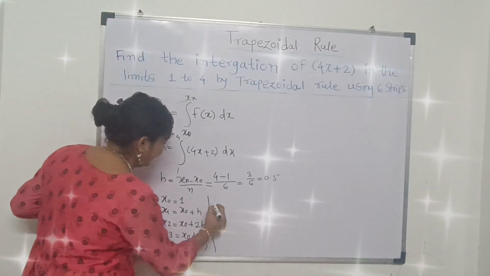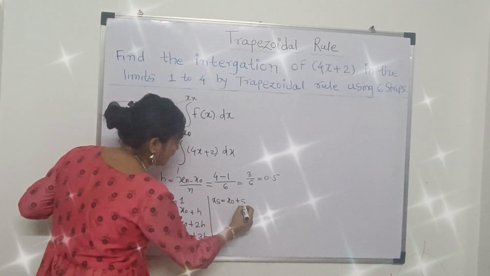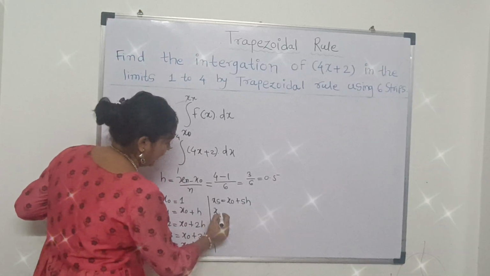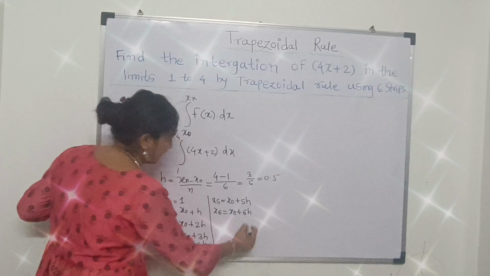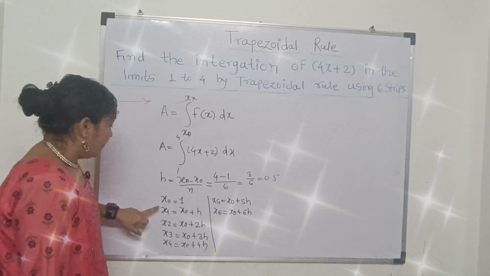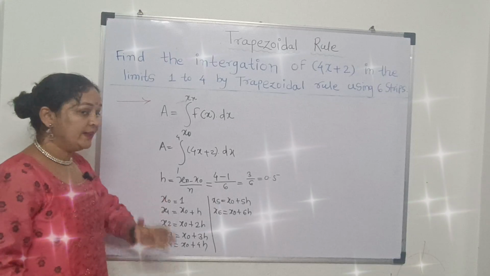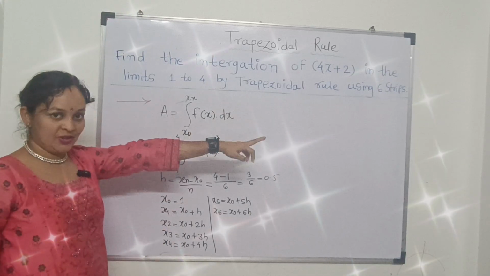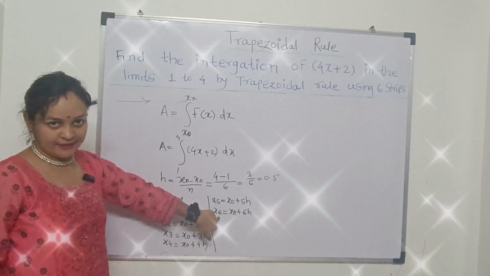And x5 becomes x0 plus 5h. And x6 becomes x0 plus 6h. Because it is starting from 1 and they are asking for 6 steps, that's why you consider up to x6.